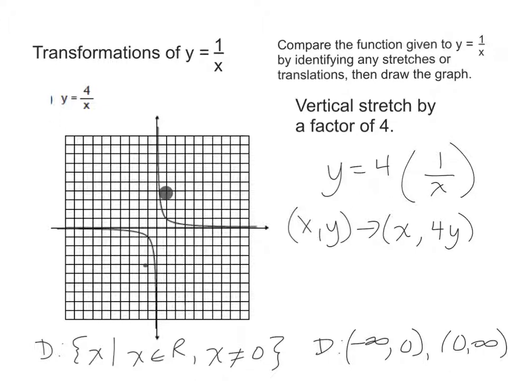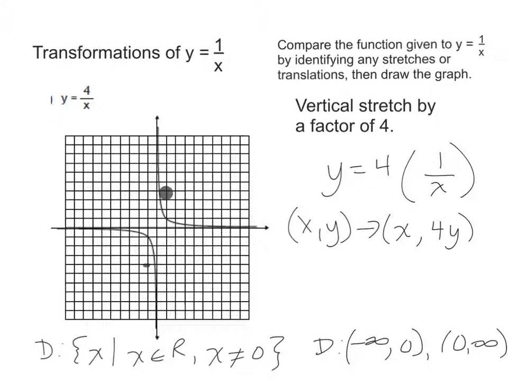Now that dot's kind of small, but down there. And then we need to look at a few other points. And it's a little tricky to actually look at the points here on 1 over x. But let's say here we have a point of (2, 1/2). Where would that go?